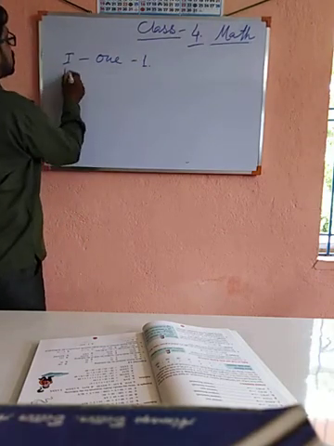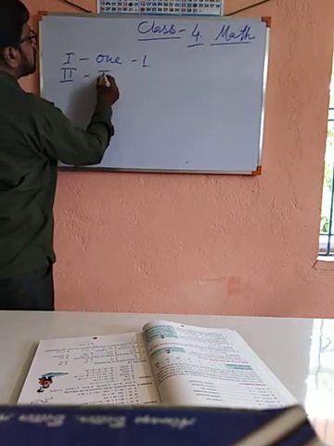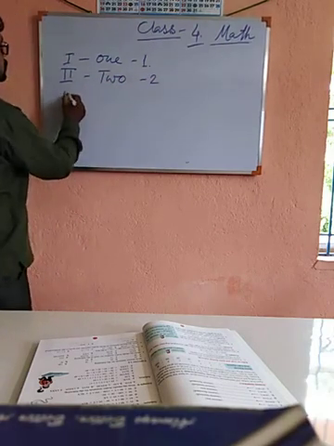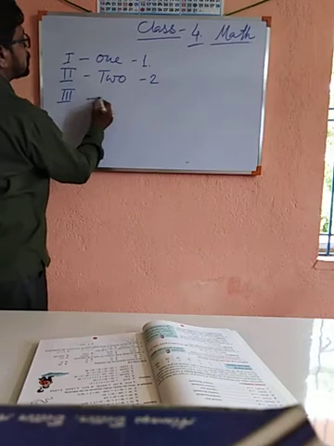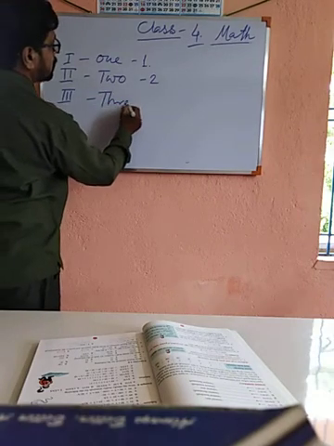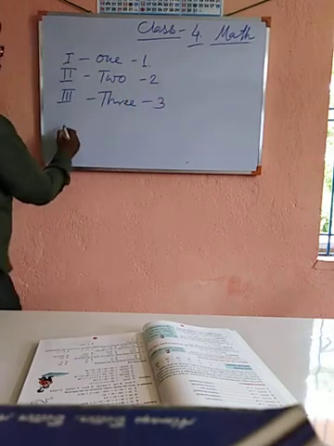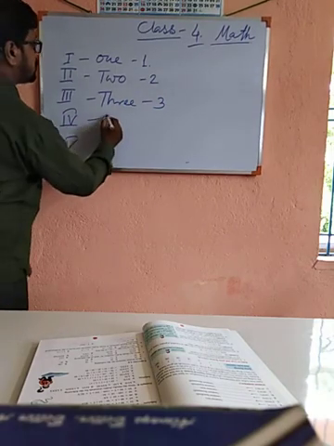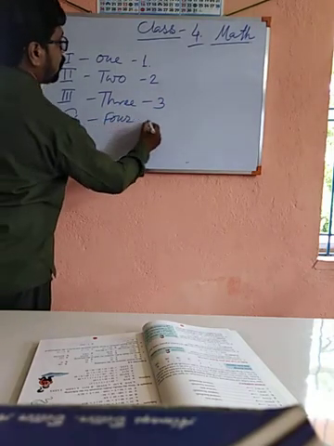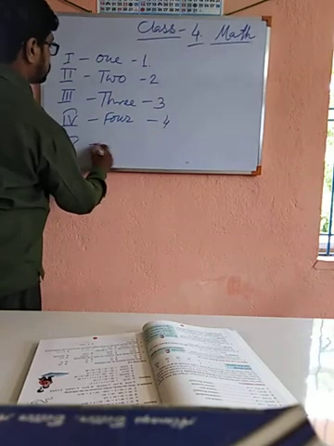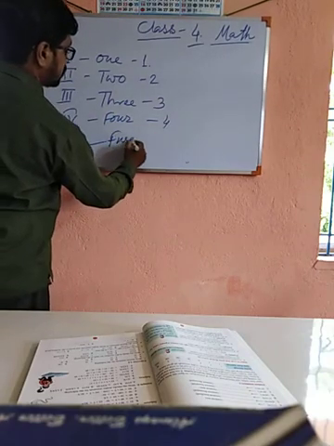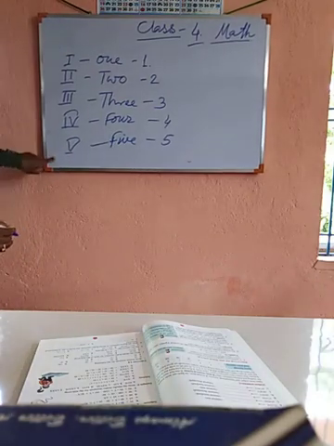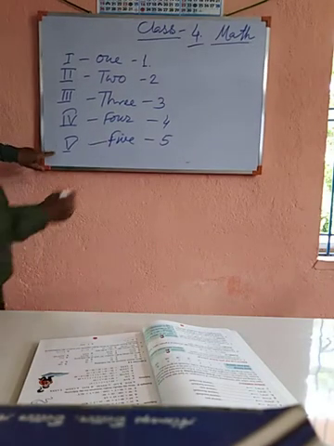II, that is 2. III, 3. IV, that is 4. V, that is 5. These are called Roman numerals.